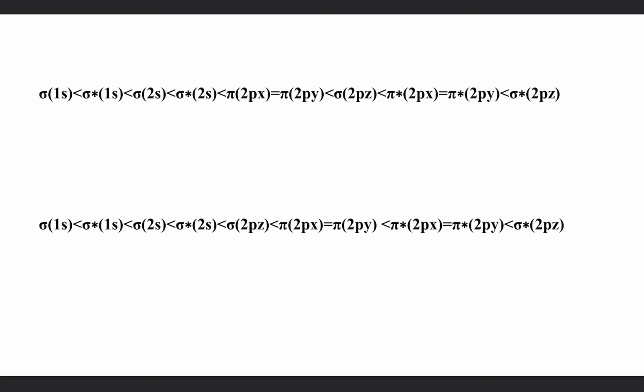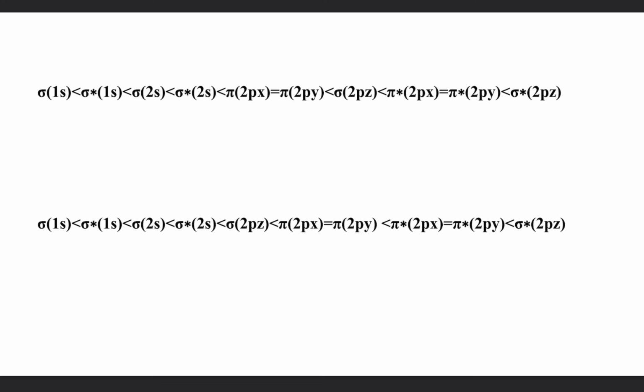Now we'll come to how to write the electronic configuration of a molecule. If the molecule contains 16 or more electrons, then a particular rule will be followed. If it contains less than 16 electrons, then another rule is followed.